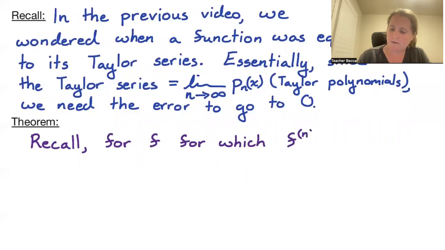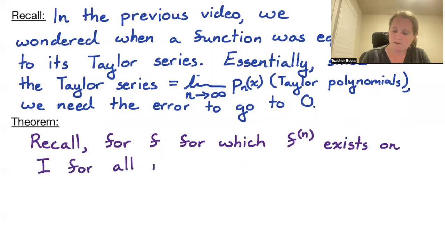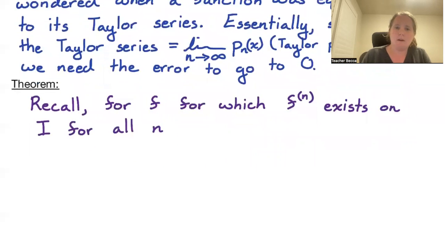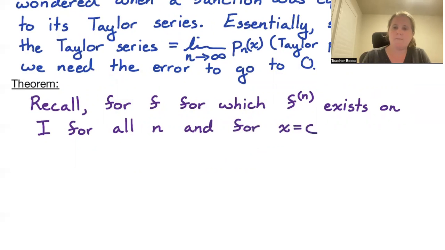So the nth derivative exists on I for all n, right? And for x equals c, right?